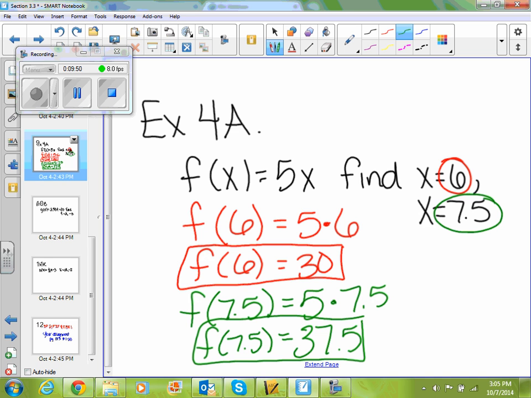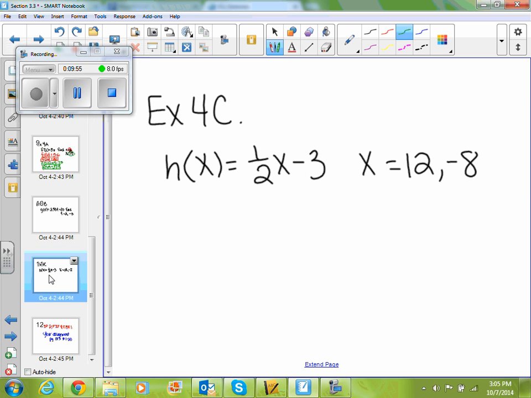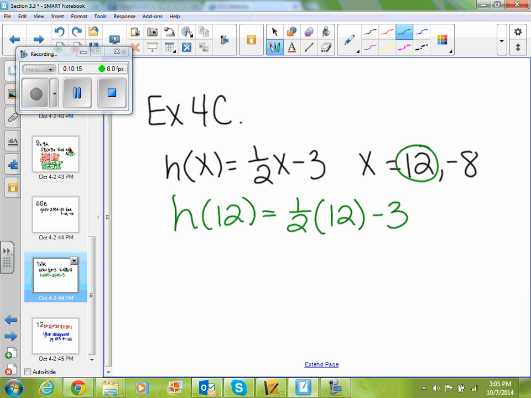Okay. So do we want to do this one or this one? Okay, so h of x. Remember I said it could be any letter, so in this case it's just h of x. So h of 12 equals 1/2 times 12 minus 3.